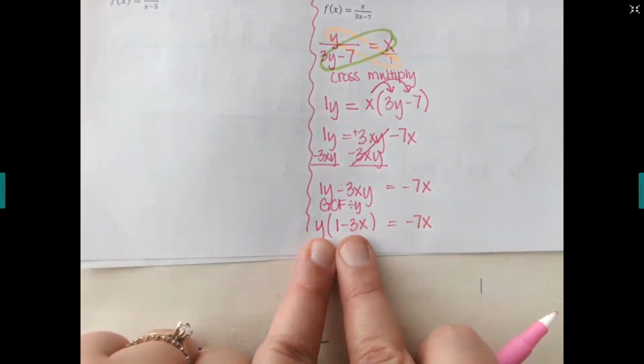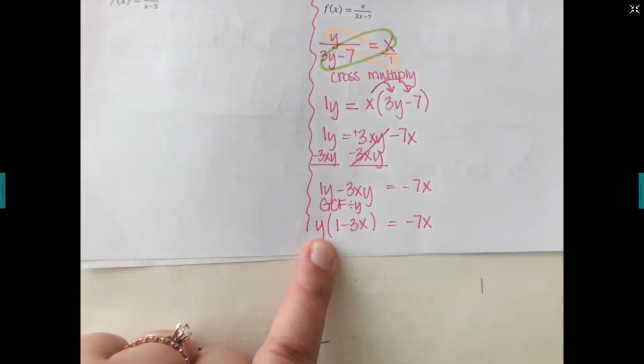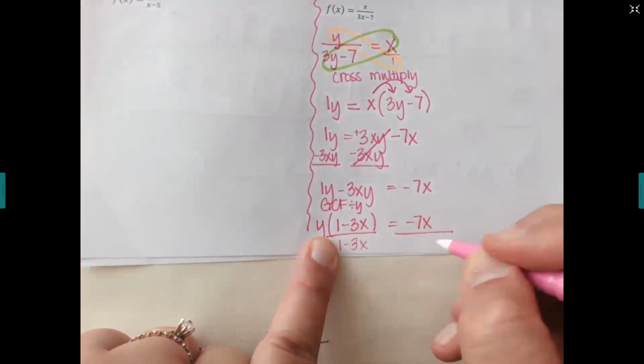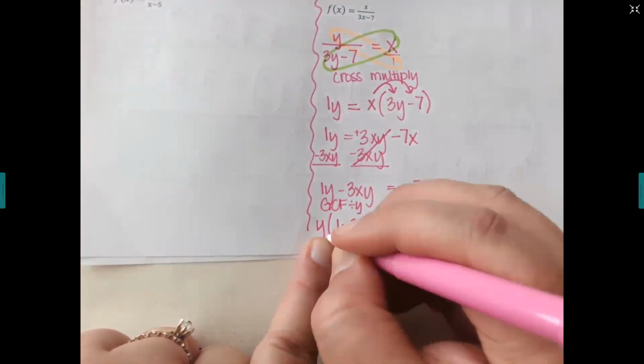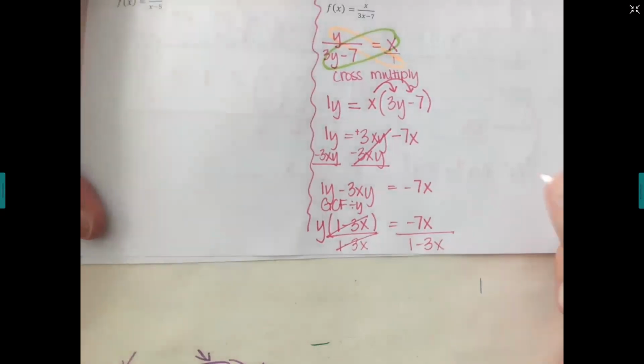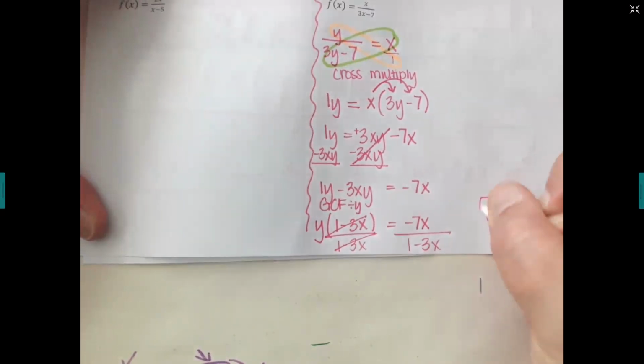Divide. So if it's y times the parentheses and I want to get rid of the parentheses, I'm going to divide by it. So I'm going to do 1 minus 3x on the bottom, 1 minus 3x on the bottom. And that would be your answer. So it'd be y equals 7x over 1 minus 3x.